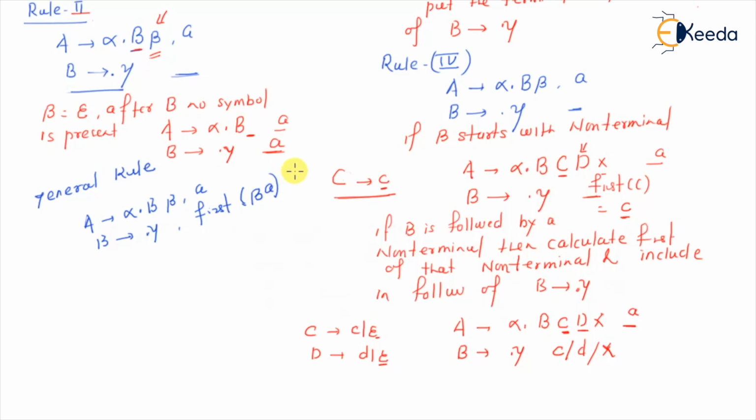It can be nothing, a terminal, or a non-terminal, and it can be extended because of epsilon, but whatever it is, it will be first of beta A.